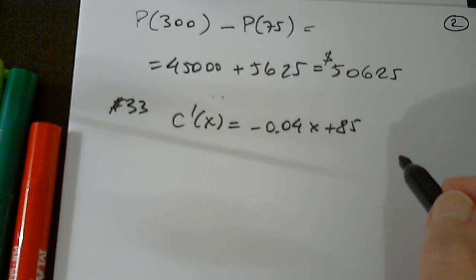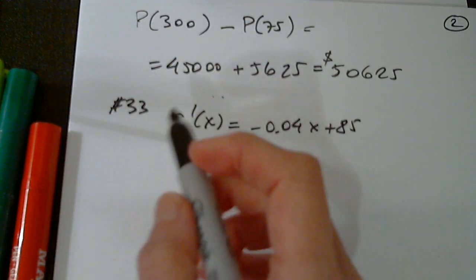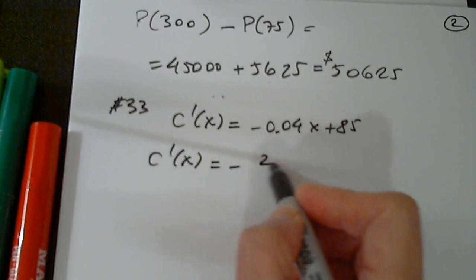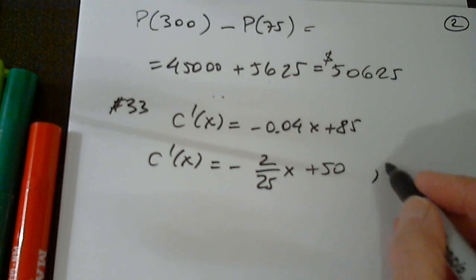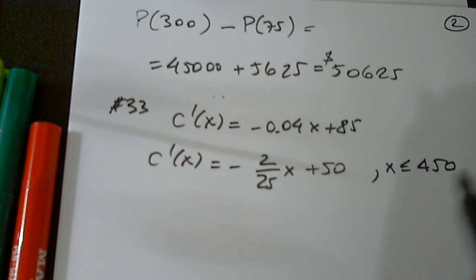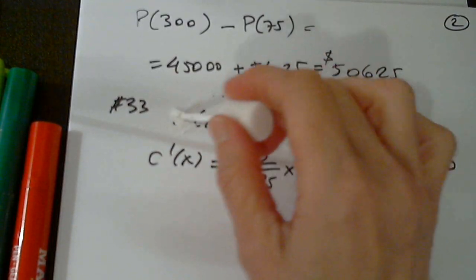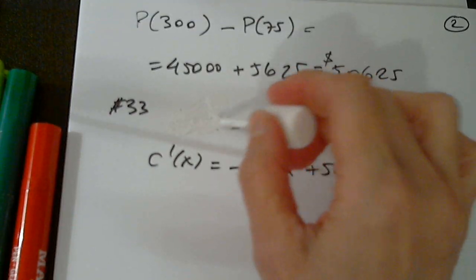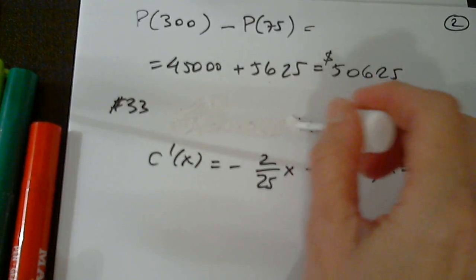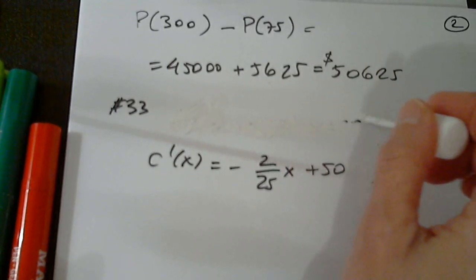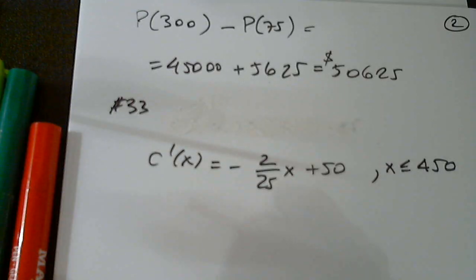Actually, I wanted to look at C prime of x equals negative 2 over 25 x plus 50, because the first one looked less interesting. Find the total cost of producing the first 200 dresses. So we don't have to subtract anything like we did with 75 in this case. All we have to do is determine the total cost for producing 200 units.